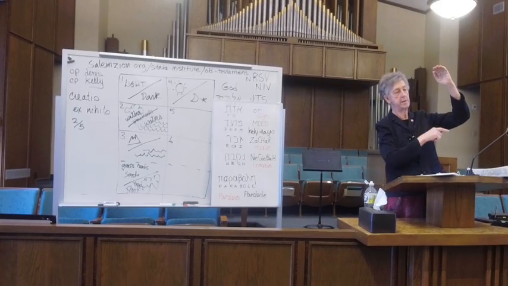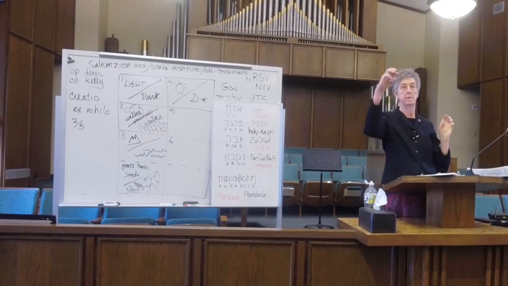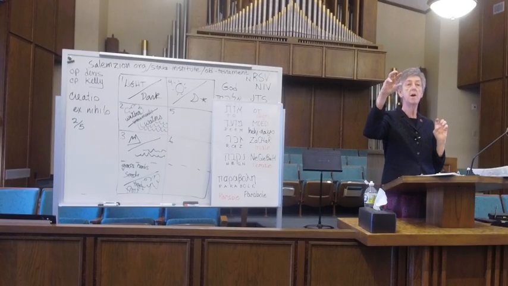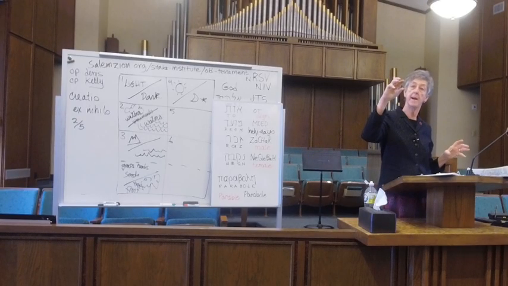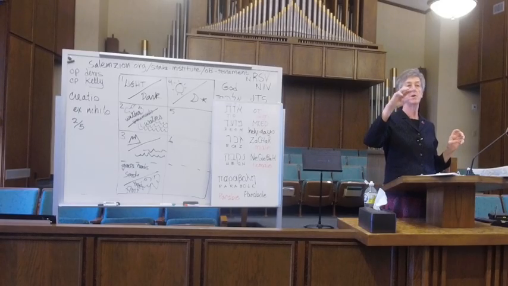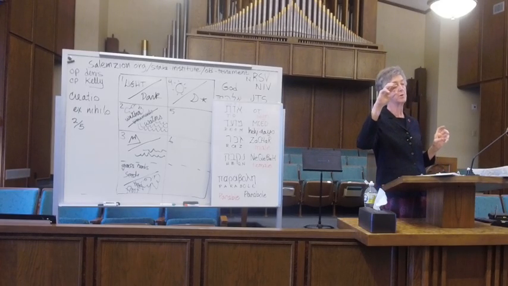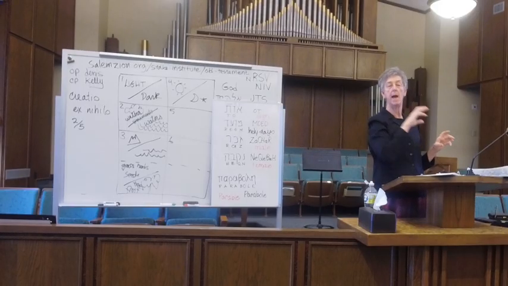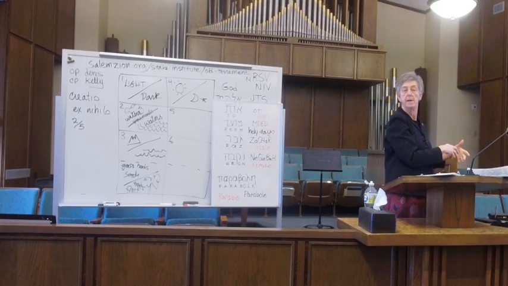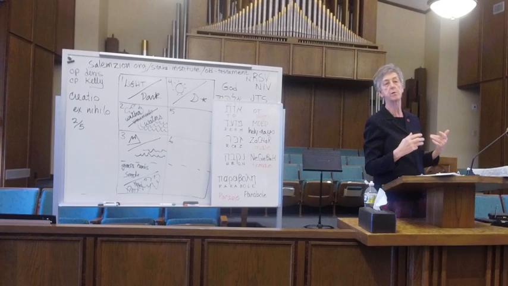Now, 90 degrees off from those, you have the solstices, which is the longest day of the year or longest night of the year. So in June, about the 21st, 22nd is the summer solstice, and 20th of December is the winter solstice.